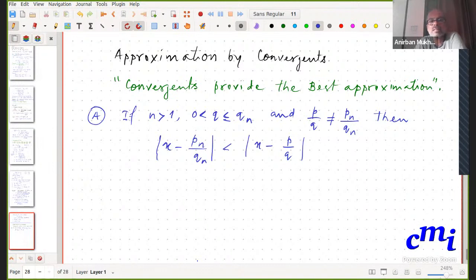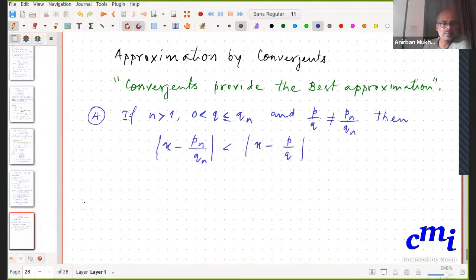Of course, if it is equal, the two things I wrote in the next line become equal. So if p by q is not equal to pn by qn, then the distance between x and pn by qn is strictly less than that between x and p by q. So pn by qn is closer than p by q to x.